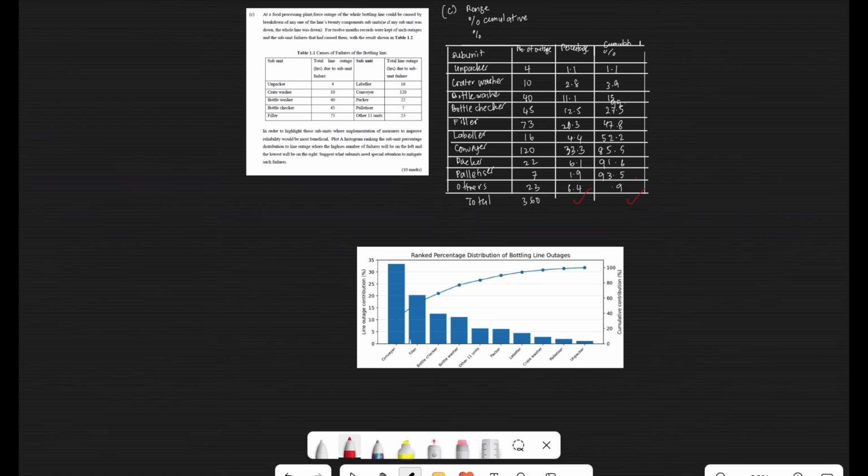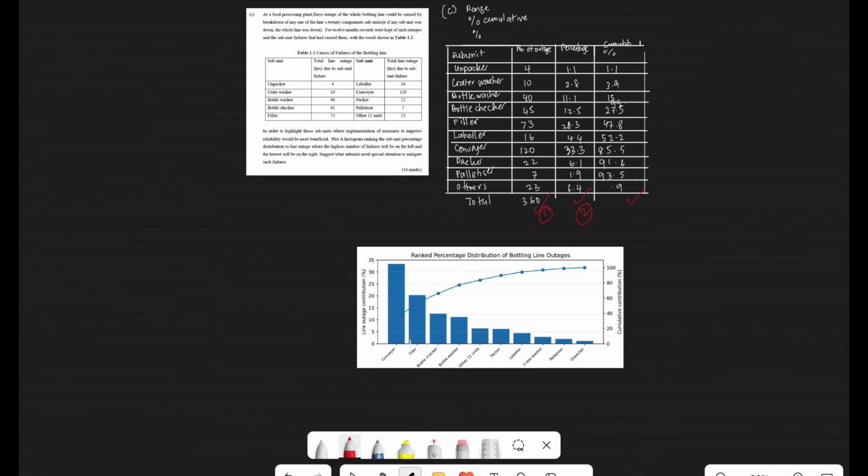Okay, right, this one is correct. You have calculated the percentage. Okay, and the graph here, the table here, and then, okay, this is 1 mark, this is 2 marks.